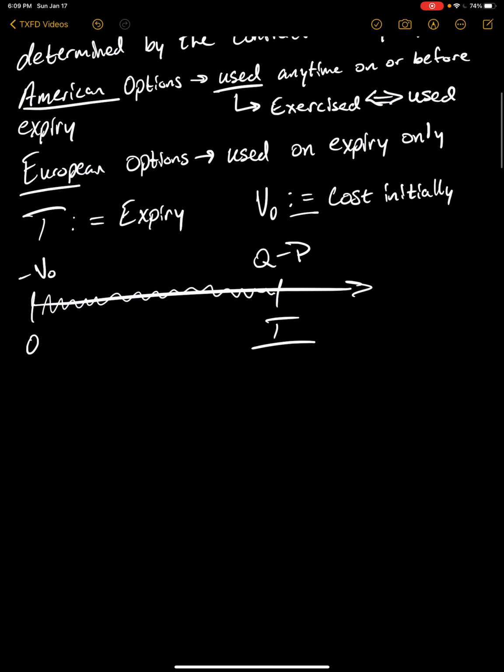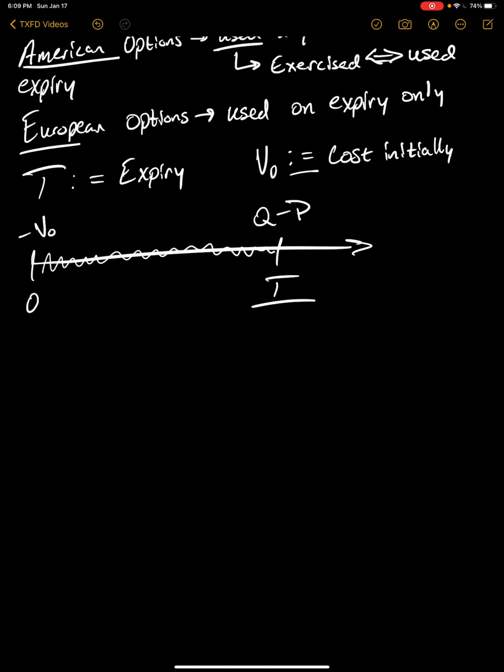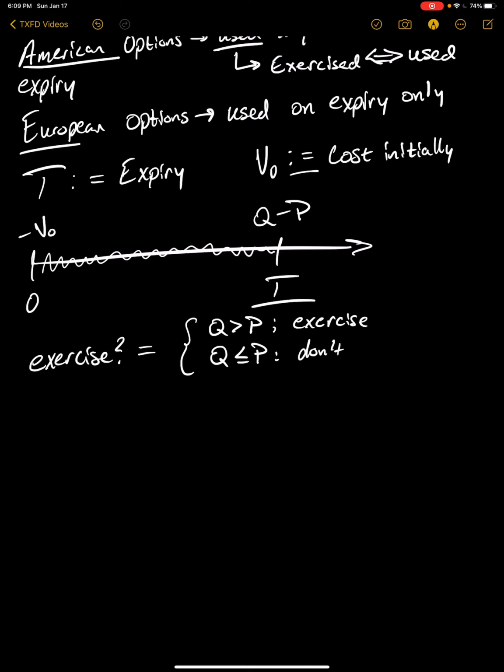So when the asset Q is greater than the asset P, should we exercise? That's the first thing. If the value of Q is greater than P, then exercise. And if Q is less than or equal to P, then don't exercise. What happens if we don't exercise?